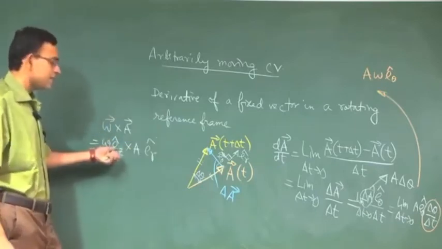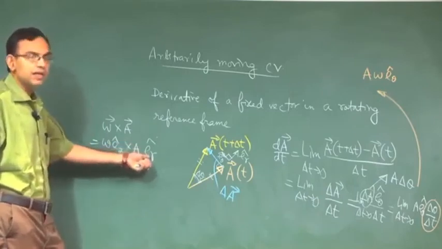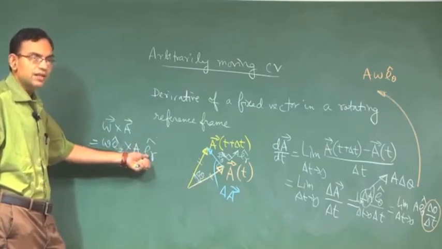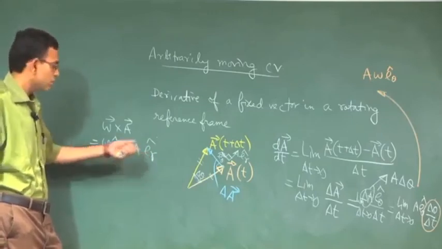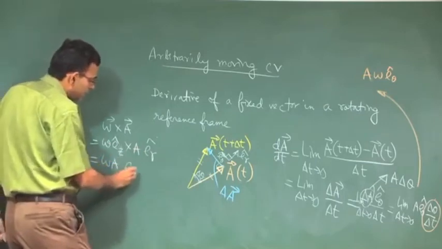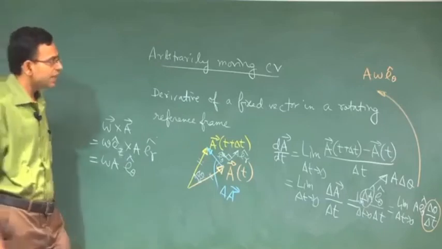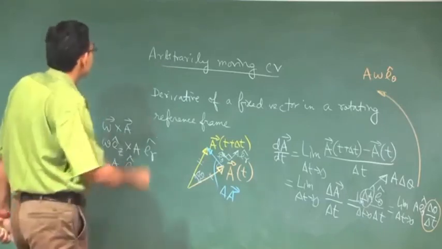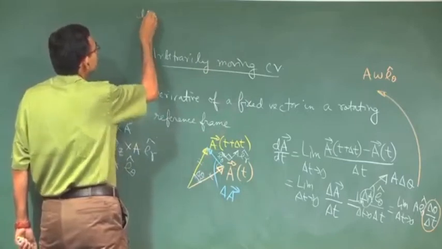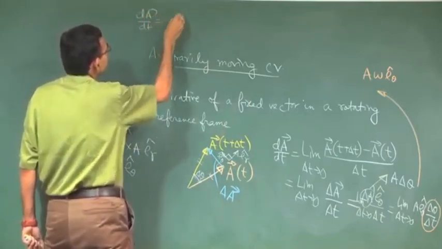So Ez is like the unit vector k and ER is like unit vector i. So it is k cross i, which is j. So this will be omega A, and j in this case is E theta. So we can say that our conclusion of this entire exercise is dA dt is equal to omega cross A.